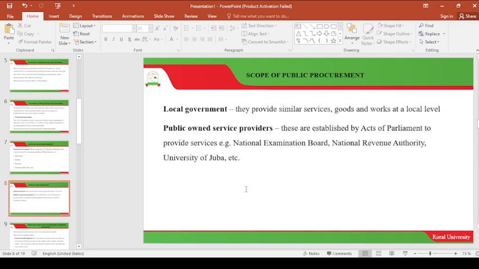So all the states also undertake procurement because they want to obtain goods and services that can fulfill their requirements to provide services to its people in the state.